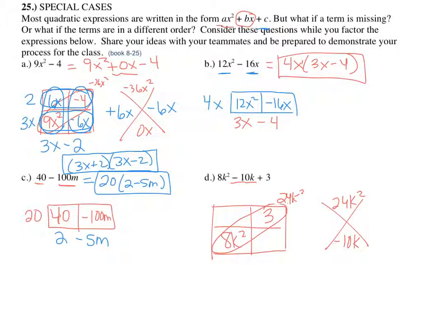So now I'm thinking, alright, what would multiply to 24 but add to negative 10? Well, I know they both have to be negative in order to multiply to a positive but add to a negative. So then I'm thinking, what two numbers multiply to 24 but add to 10? Well, how about 4k and 6k?